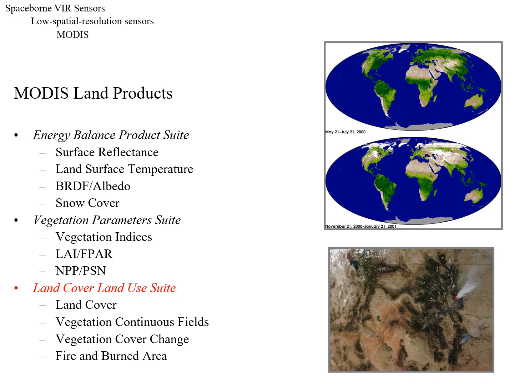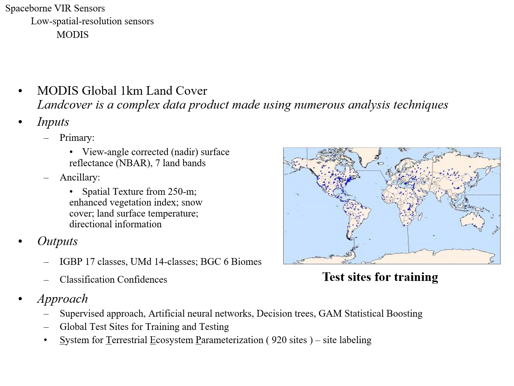Finally, the land cover and land use suite of MODIS products. There is a 1 kilometer land cover product that's created every 90 days. So it uses the view angle corrected, the BRDF corrected surface reflectance, for all of the 7 land bands, that is the 250s and then 500 meters. It uses spatial texture from 250 meters.